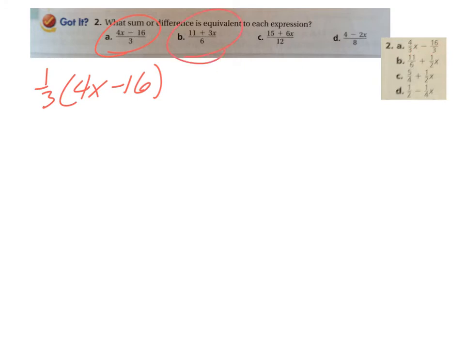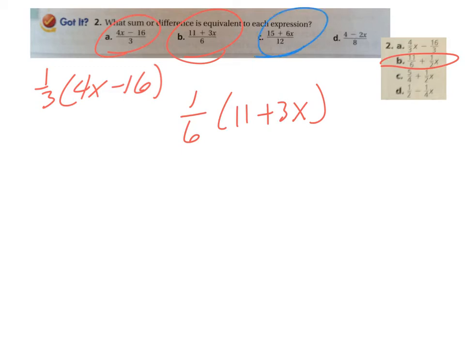This one is going to become 1/6 times 11 plus 3x. And that becomes, we can see right here, 11/6 plus 1/2 x because 3/6 is 1/2. On here, this becomes 1/12 times 15 plus 6x.